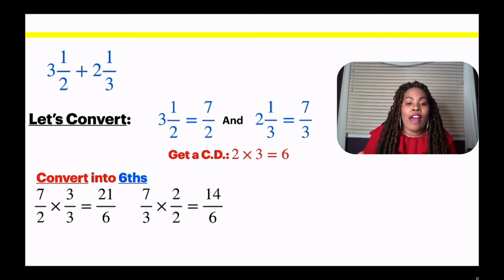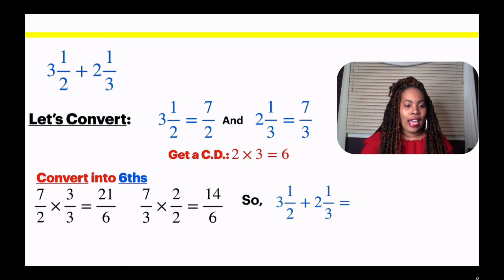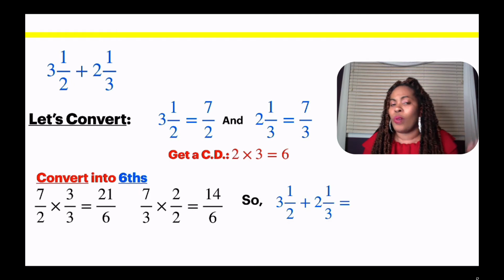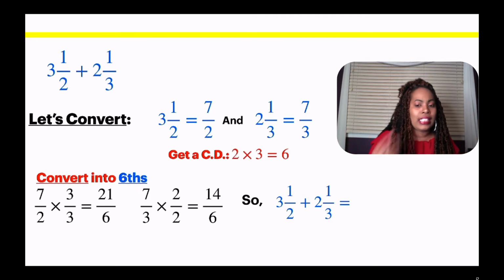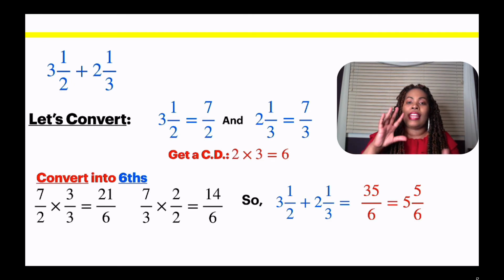Now that we have our 2 fractions, which are the same things, guess what we can do? We can add. So 3.5 plus 2 1/3 is the same as 21/6 plus 14/6. And that gives us 35/6. If you convert that back to a mixed number, the answer is 5 5/6.